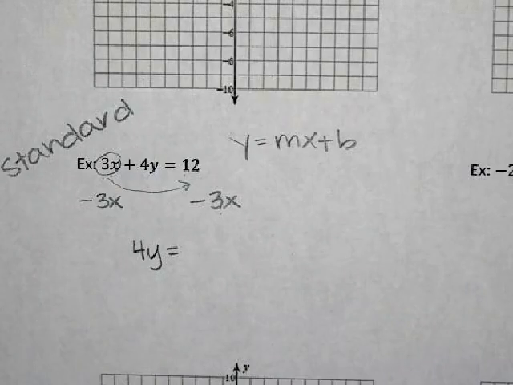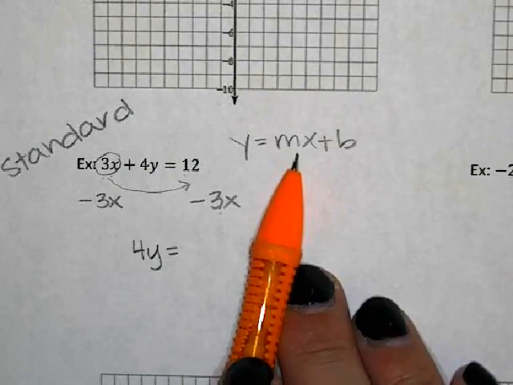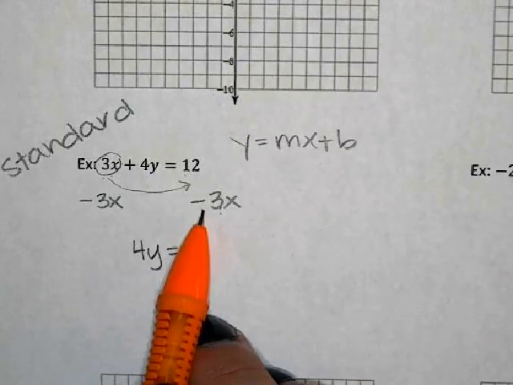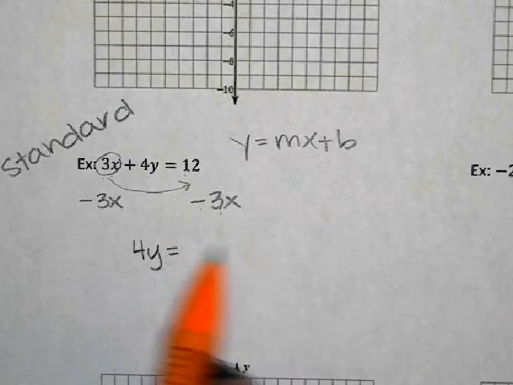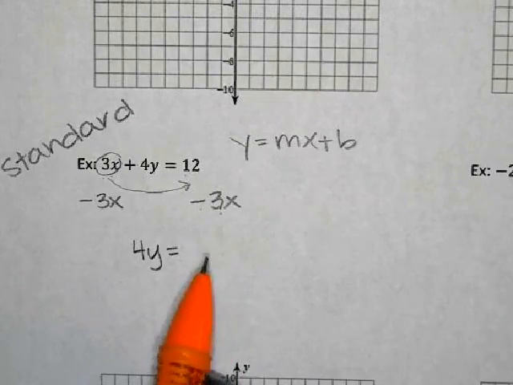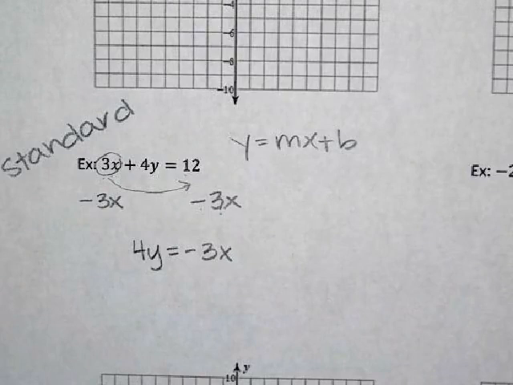The negative 3x, because I always want the x term to be written first. As long as you keep the sign in front of the number, if it's negative you write the negative, if it's positive you write a plus, you can write them in any order that you want. So I'm going to write negative 3x, and then the 12 is a positive 12, so I'm going to write plus 12.